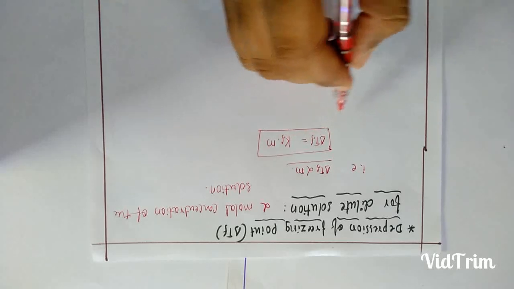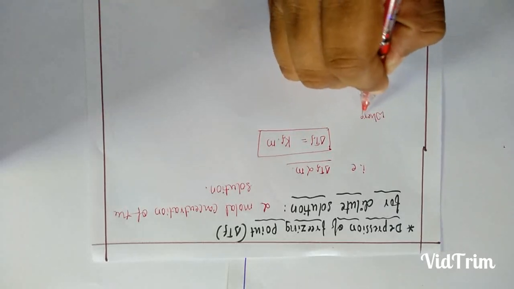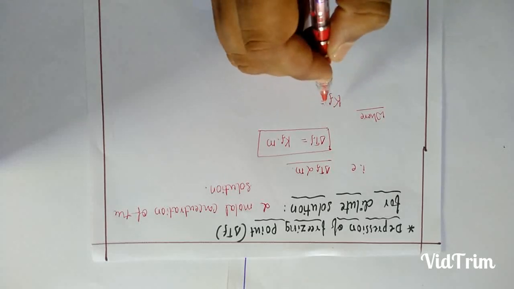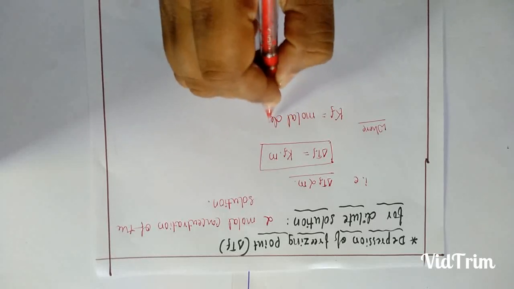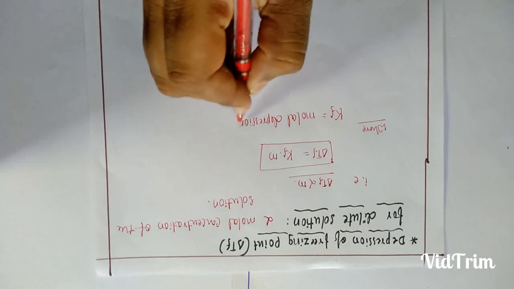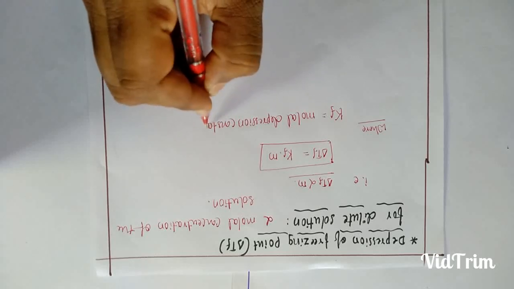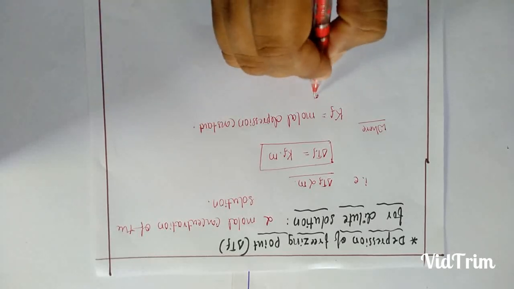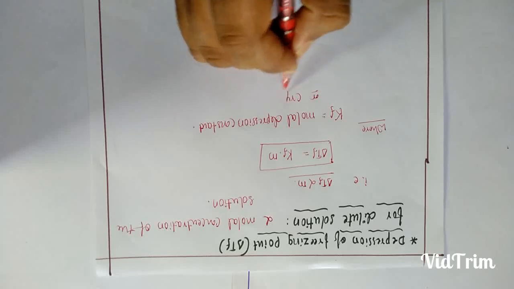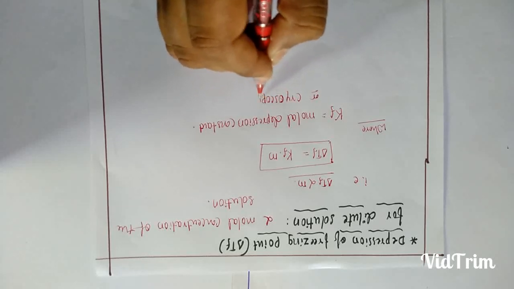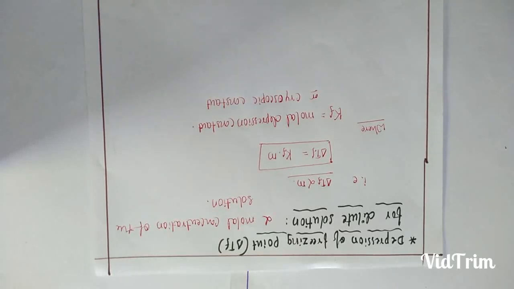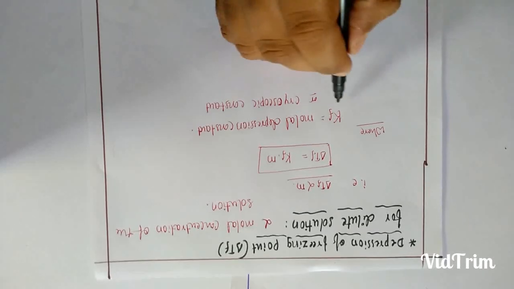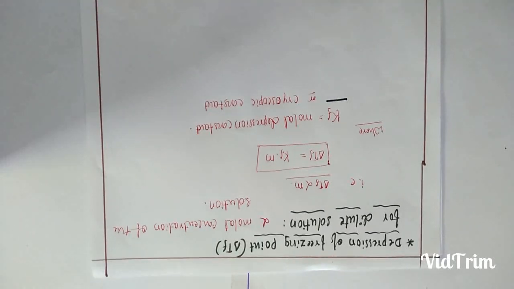Here KF means molar depression constant, or it is also called the cryoscopic constant. So delta TF is equal to KF into m.